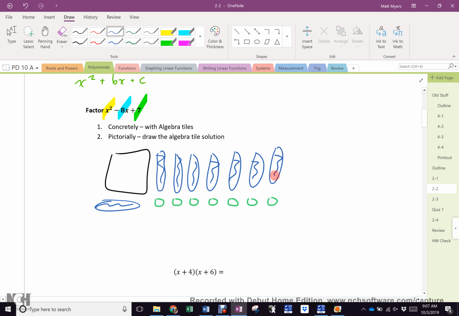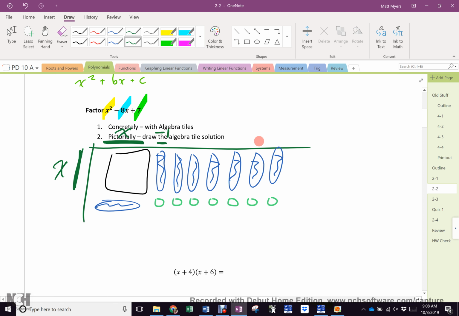What are the factors? Where do we find the factors once we make a rectangle? On the edges. How far is that? X. How far is that? X. How far is that? No. -1. Because it's shaded.